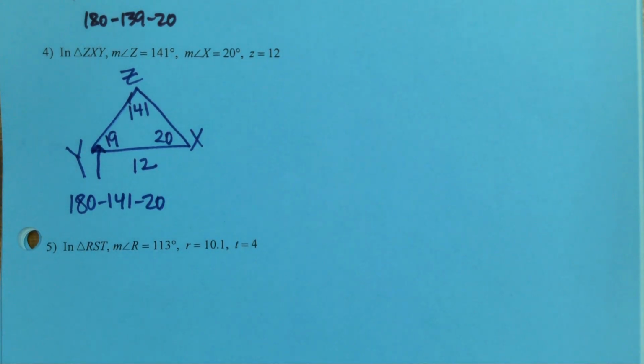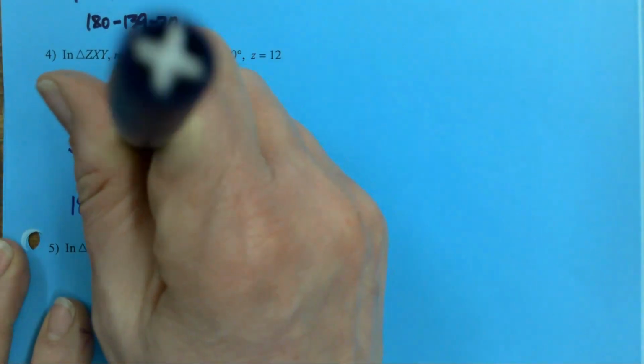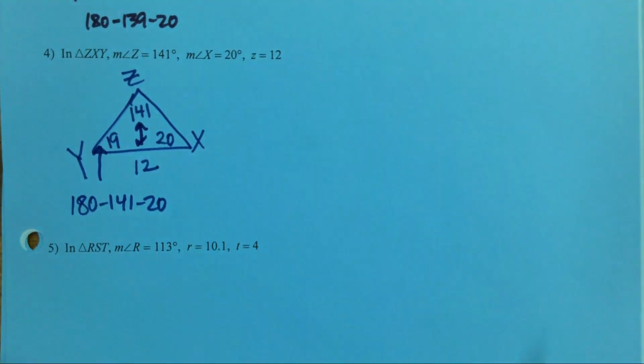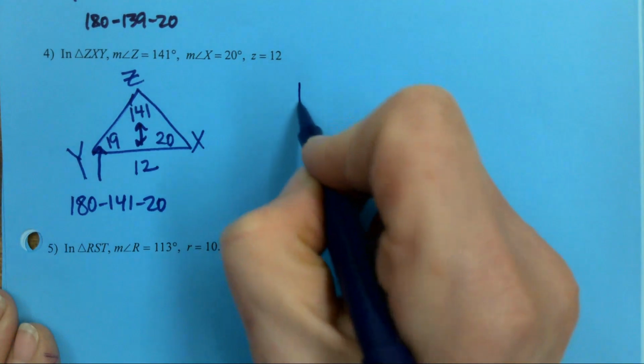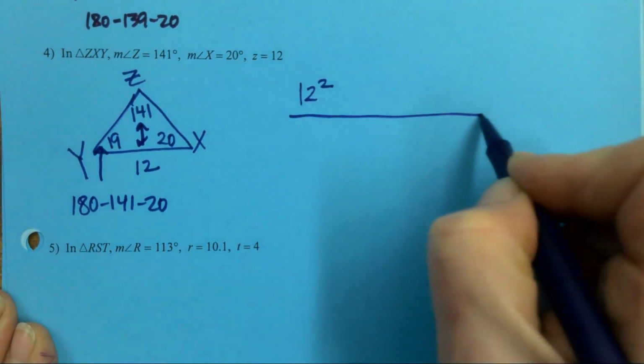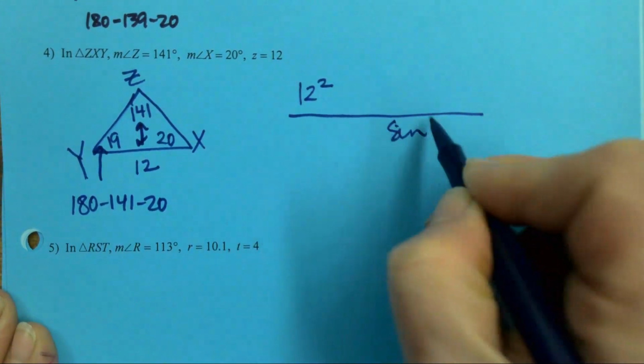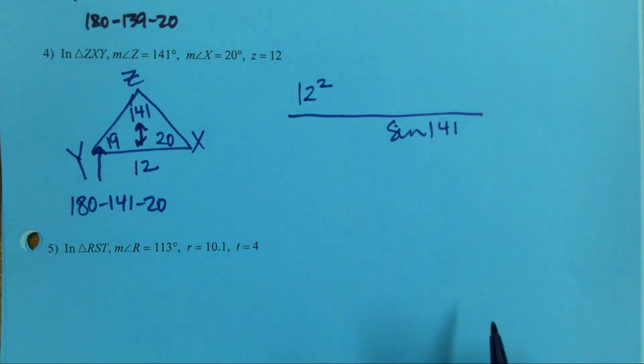What I was trying to say on the last one, and what I want to point out on this one, was an angle side scenario. It's all about position, where you put things. The 141 and the 12 are the side and the angle that are across from each other. So when I set this up, the 12 squared will go on the top, the sine of 141 will go on the bottom, or you will not get the right answer.